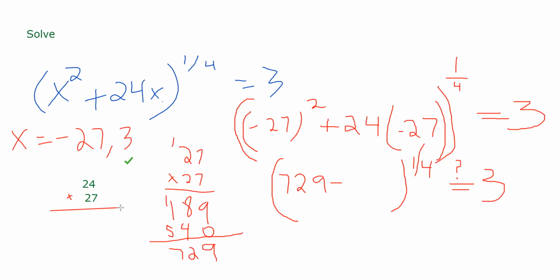I'll make it a little smaller here. And what you'll see, and I want to show you the old school multiplication to show you you do not need the calculator. 7 times 4 is 28. 2 times 4 is 8. 2 times 2 is 4. 27 times 4 plus 27 times 20.